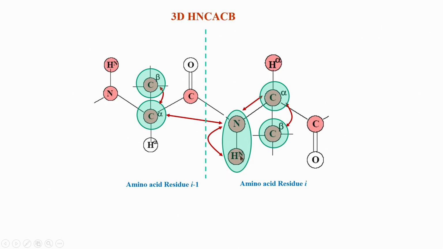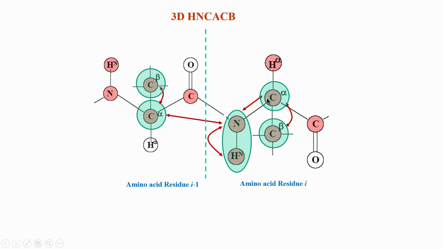So, this is how it is done. You have an amide proton and a nitrogen. Similar to HNCA, we transfer the magnetization here. From here it flows in both directions, like we saw in the analogy of a river. The river splits into two pathways. Here the magnetization flows like a river that splits into two pathways.